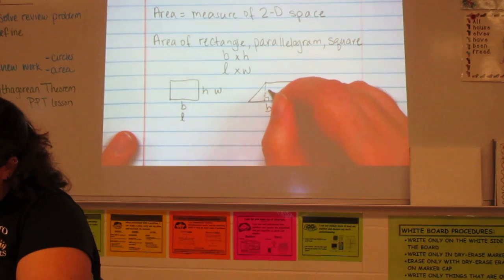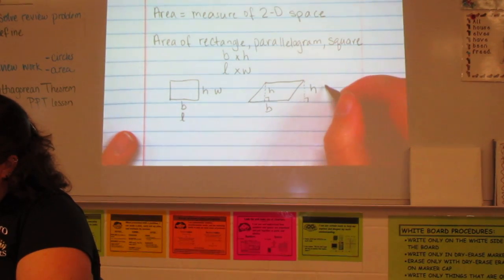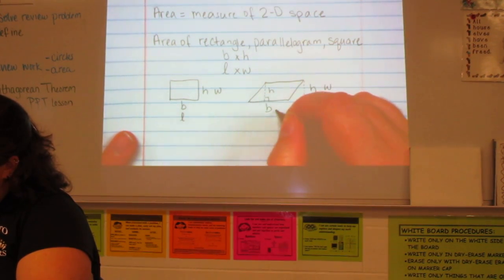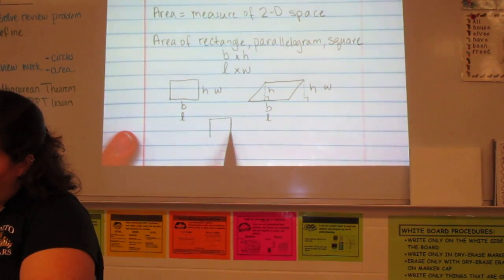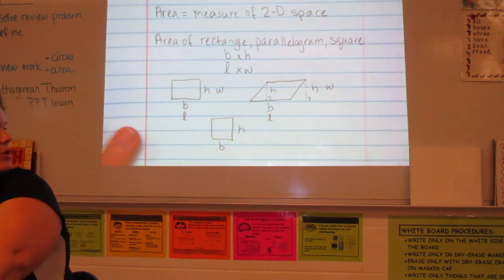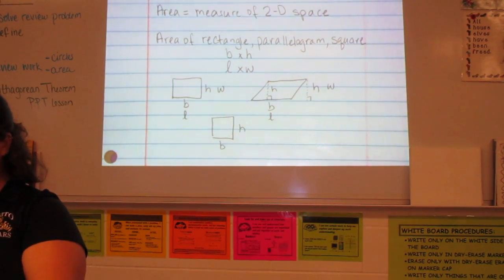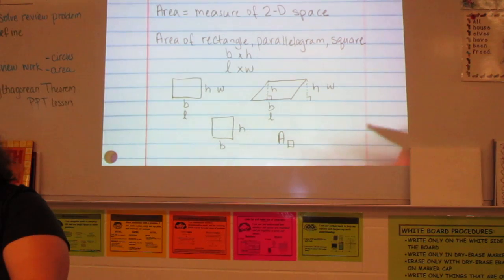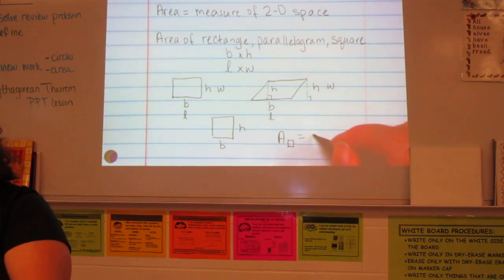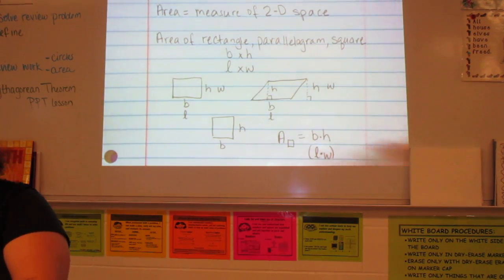This is your height. You could call this the width or the length, but height really makes more sense here. And of course your square, all your sides are equal, so your base equals your height, your length equals your width, etc. So again, the area of a quadrilateral that is not a trapezoid is base times height, or length times width.